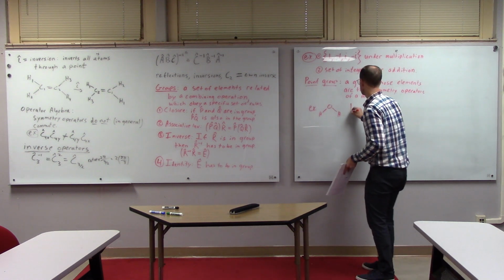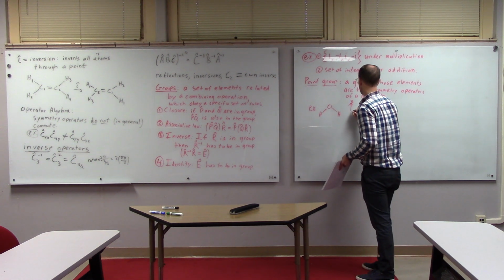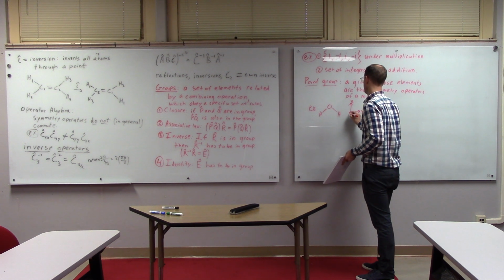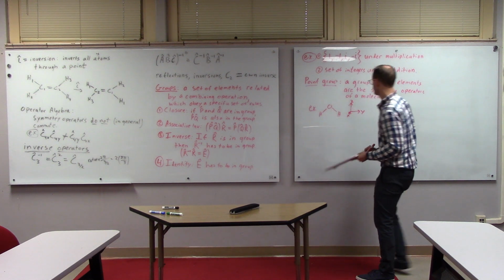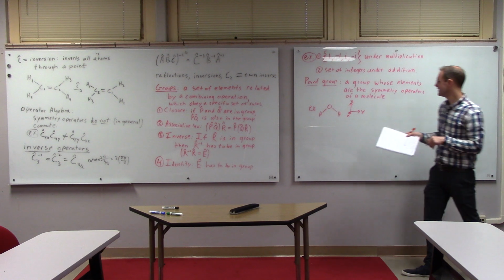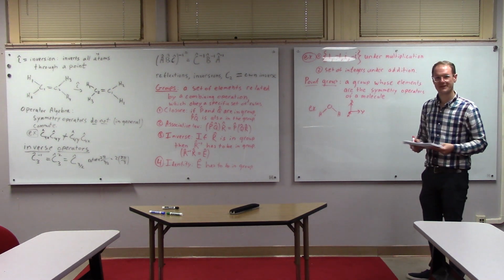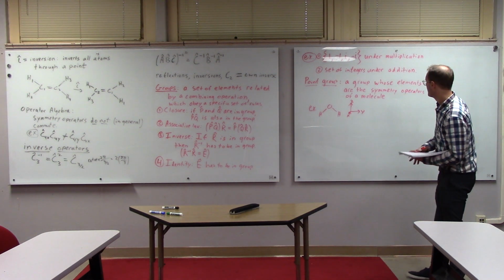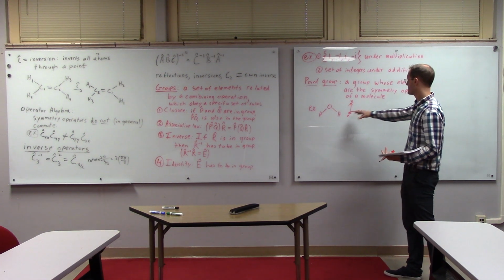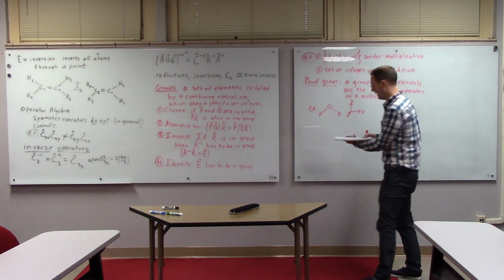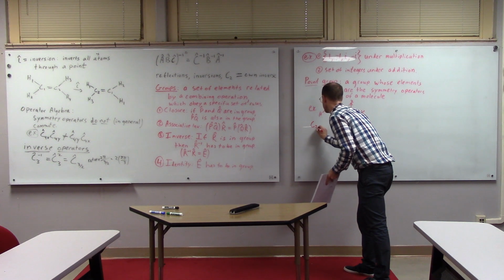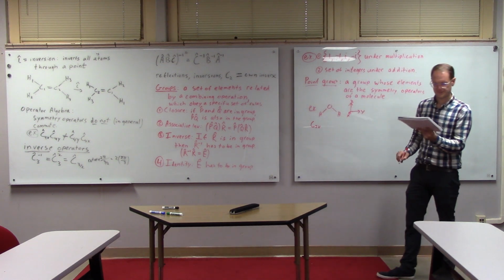And again, if we choose the axis system where x is coming out of the plane of the board, out at us, then the point group that describes all the symmetry operators of the water molecule has a name. It's called C2V, C subscript 2V.